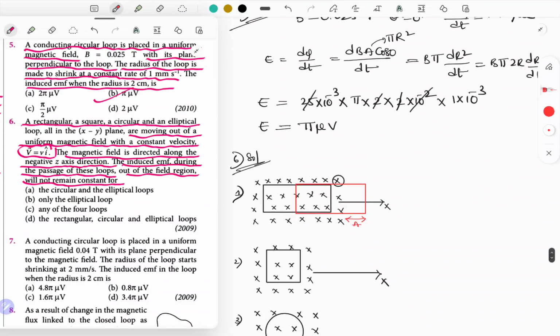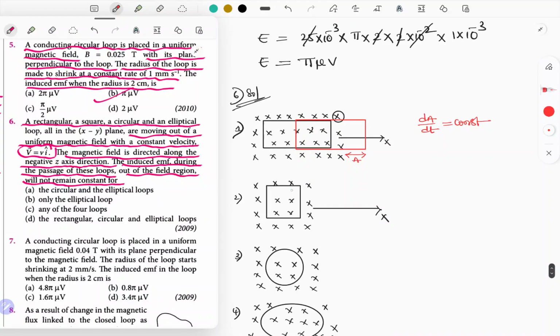That means change in area which is coming out from the magnetic field region is constant in this case. Similar to this, after t is equal to 1 second, let's say this is the amount of area which came out. I am assuming it is a small area which is dA. After 1 more second, same amount of area will come out or a different area? After a dt time, same amount of area will come out. So here also dA by dt is going to be constant.